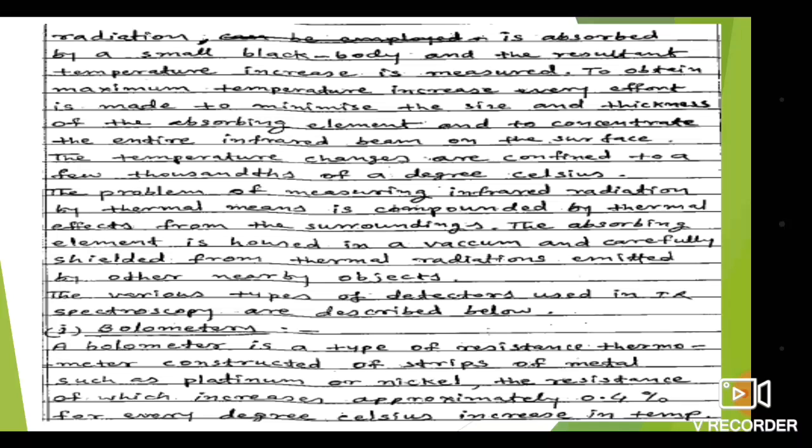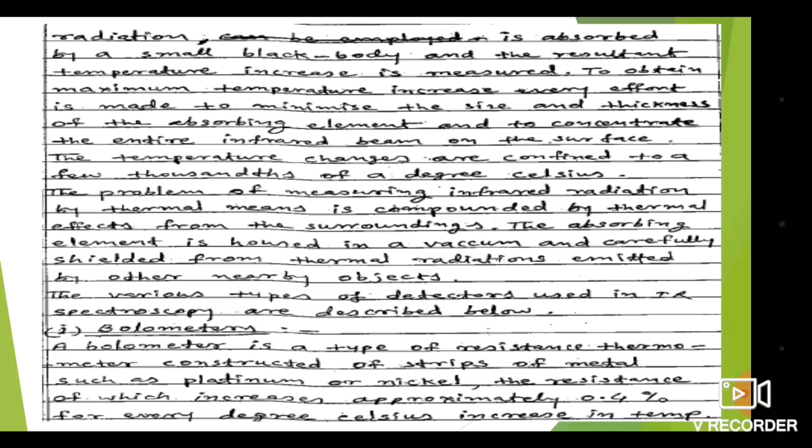The absorbing element is housed in a vacuum and carefully shielded from the thermal radiation emitted by other nearby objects. So emission of thermal radiation is prevented by housing the element in a vacuum.